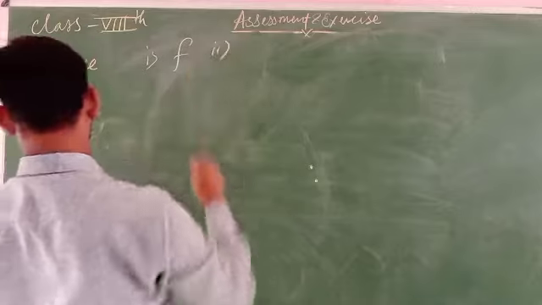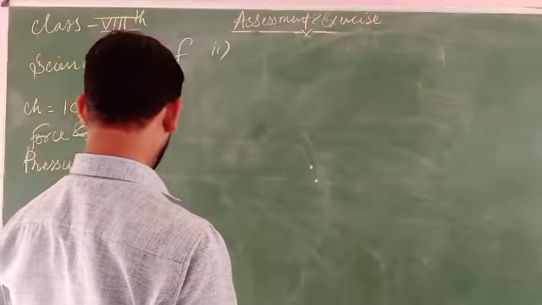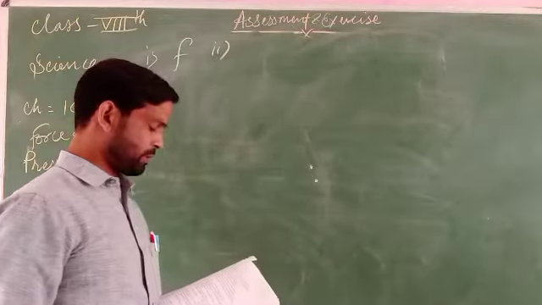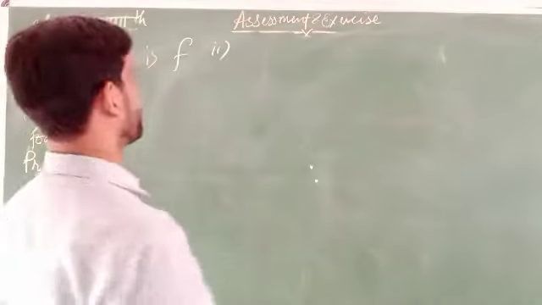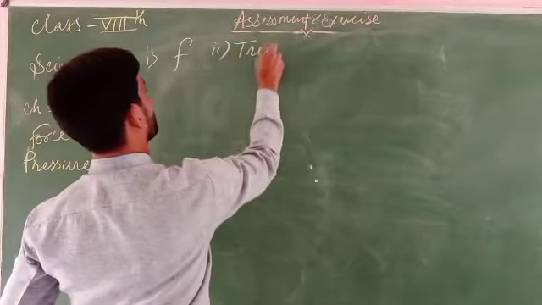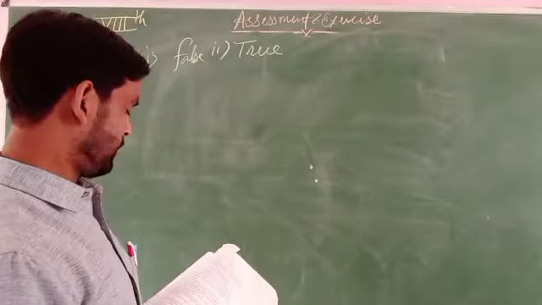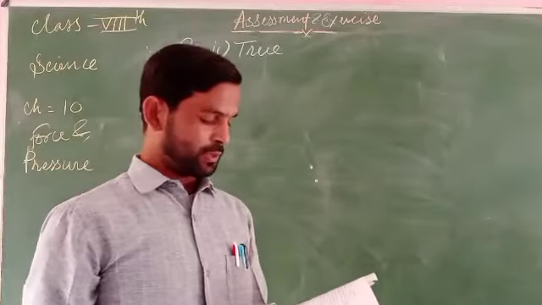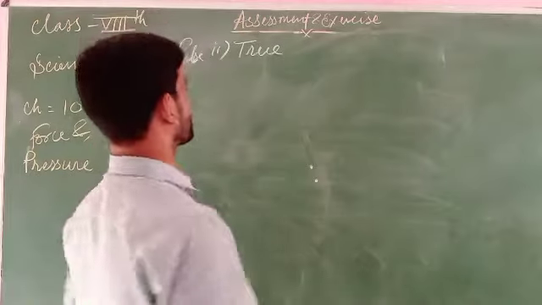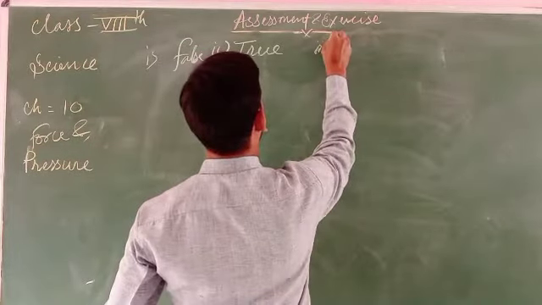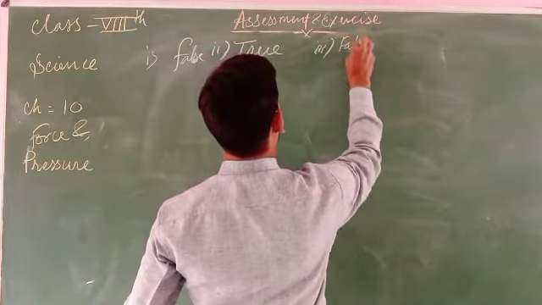False. The state of rest is considered to be the state of zero speed. True. Third: the smaller the area, the smaller the pressure on the surface for the same force. False.